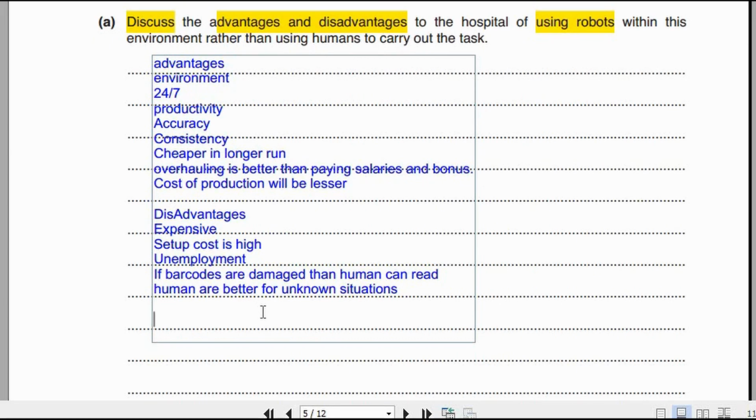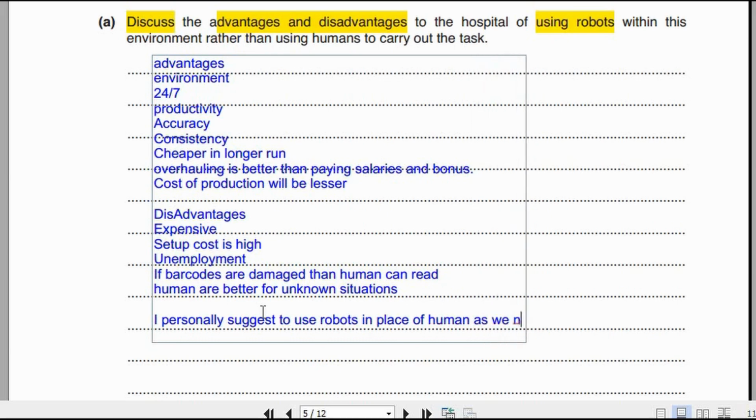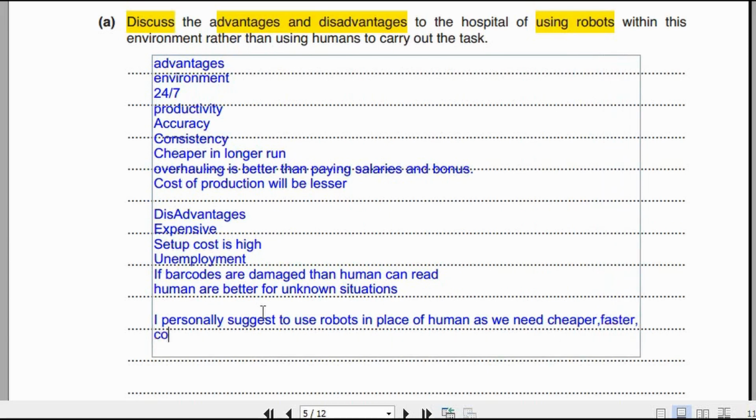You can write, I personally suggest to use robots in place of humans, as we need cheaper, faster, consistent production environment.